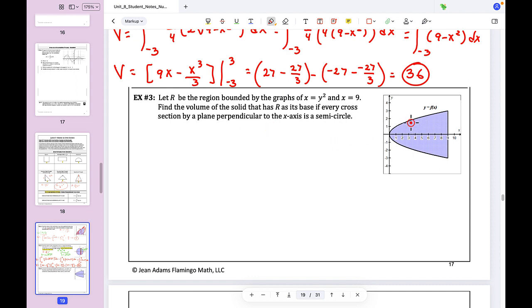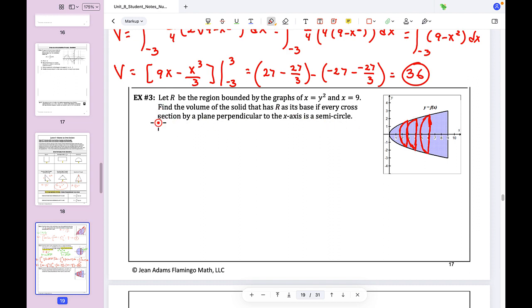Okay, so we're looking at a bunch of semicircles here.